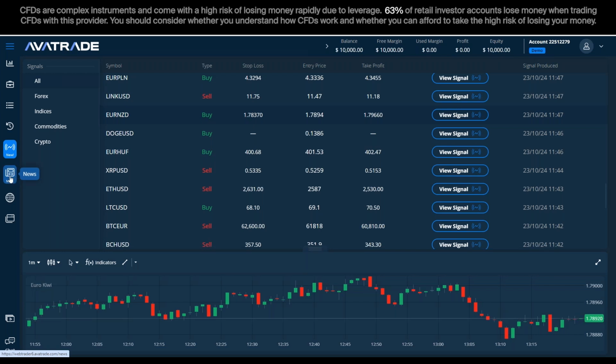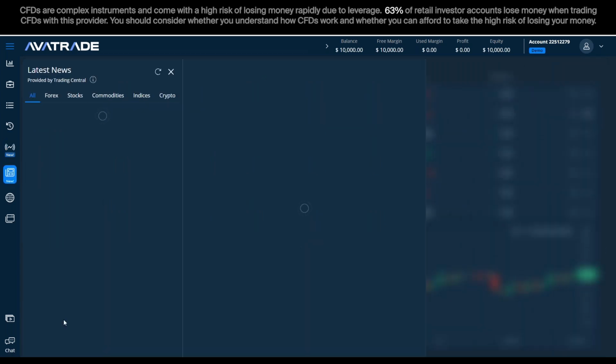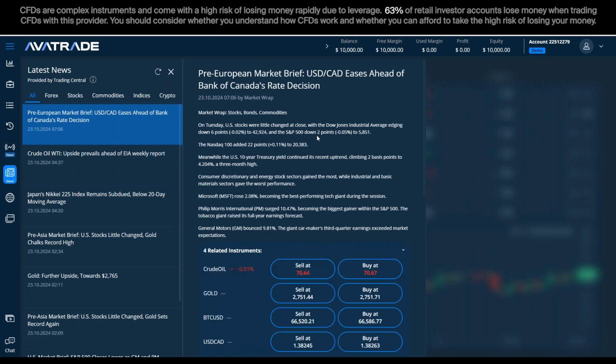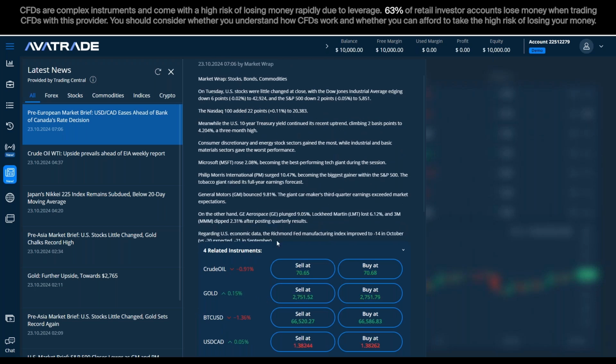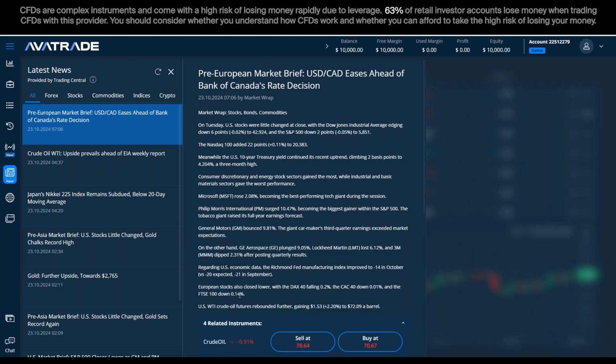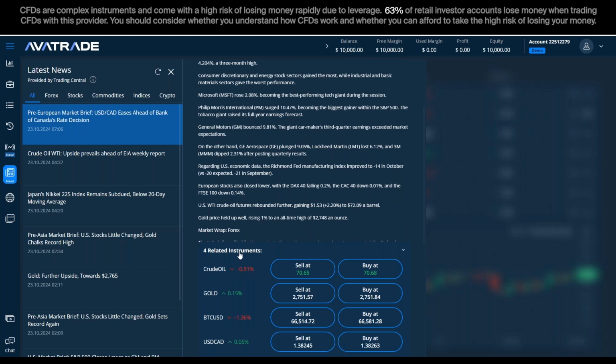And the way that this works is I'm going to click here on the news. Okay, and I can read all kinds of things about crude oil as an example, gold, Bitcoin, and USD CAD. So that means you see related instruments. If I go through what's written here, I might have an idea about those instruments.